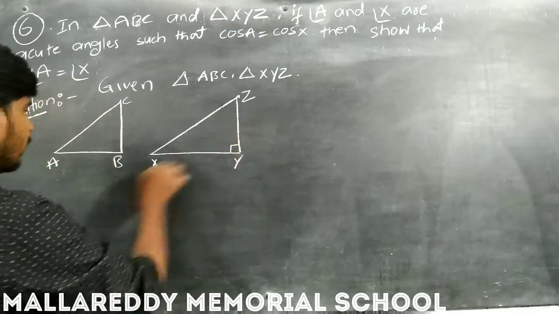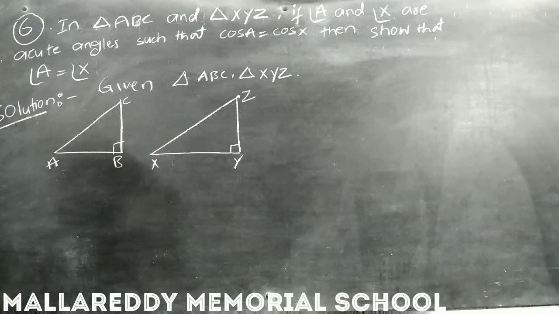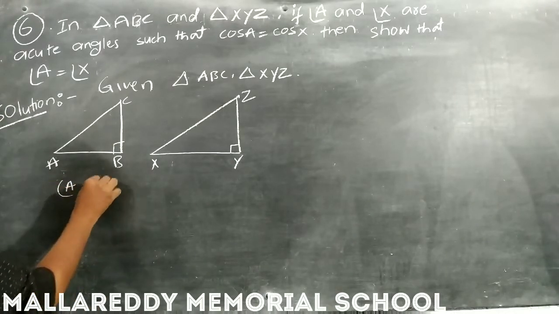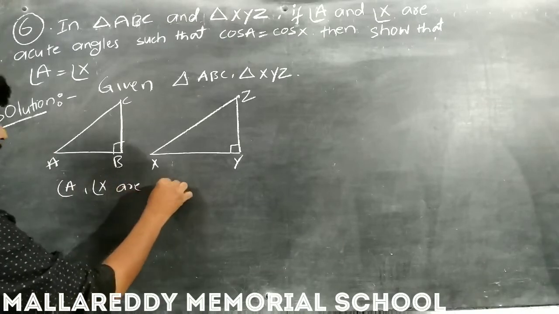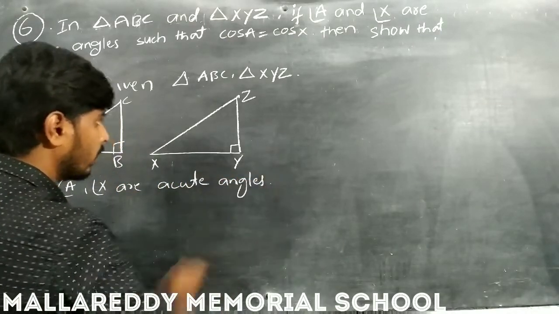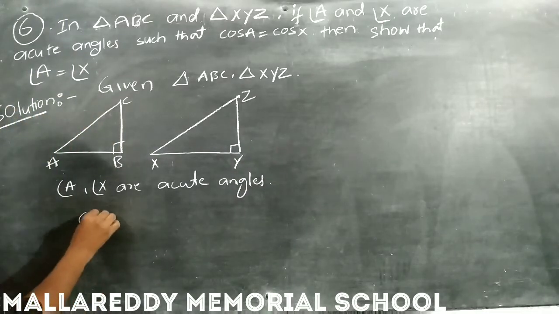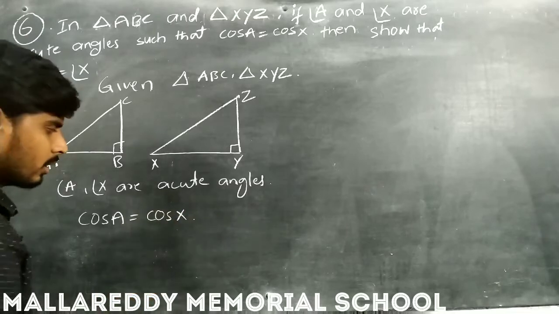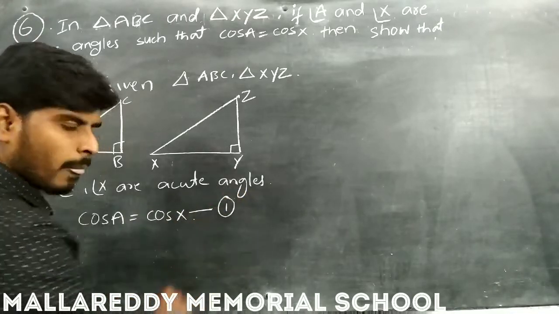Here right angle at Y, here right angle at B, and given angle A, angle X are acute angles. And given one more condition, cos A equals cos X. Consider it equation 1.